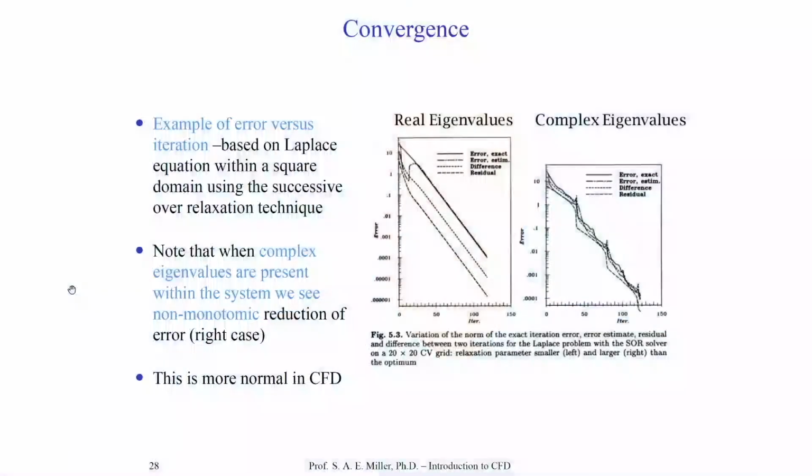Let's now look at some examples of residual and error with respect to iteration. We'll look at this example with a particular equation, which is, of course, the Laplace equation, in a square domain. And our solver will use the so-called successive over-relaxation technique.